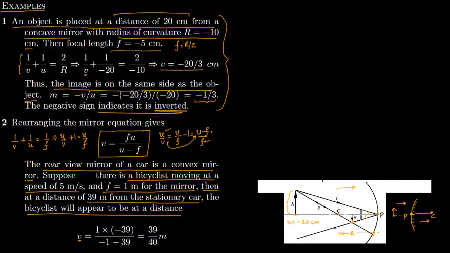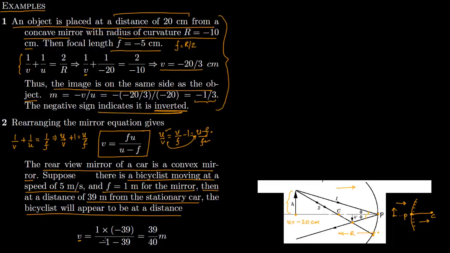This is the point P and this is where the bicyclist is. This distance u is the distance of the object, and u is always negative because you place the person in front of the mirror. Going from P to the base of this object is 39 meters. So you put u as minus 39.